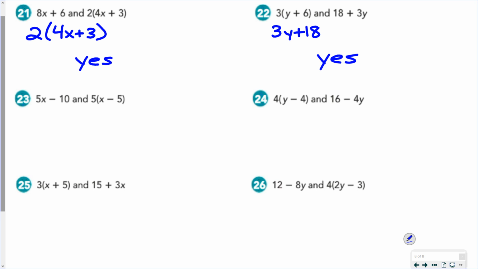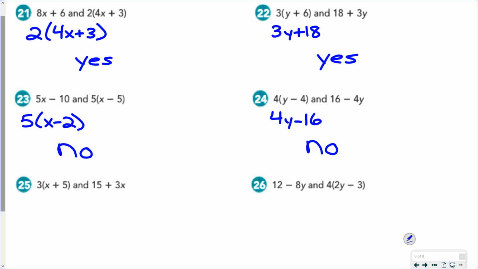For number 23, that would be 5 times the quantity x minus 2, and that is not the same as 5 times the quantity x minus 5. 4y minus 16 is not the same as 16 minus 4y because you cannot move things around in subtraction.